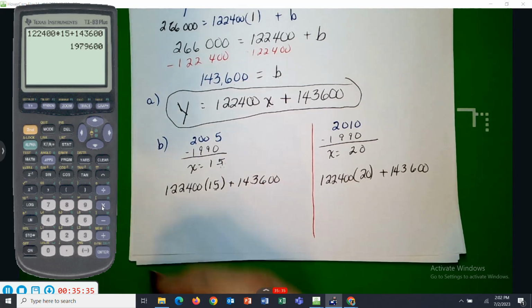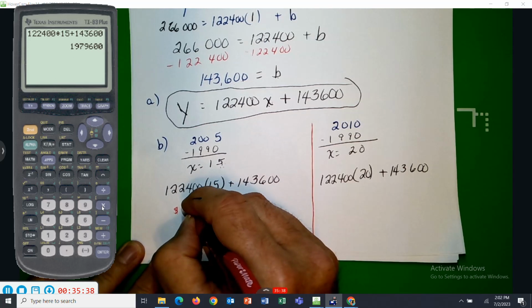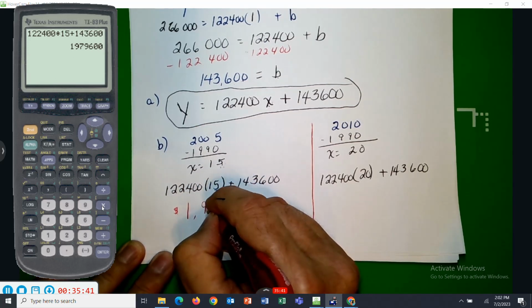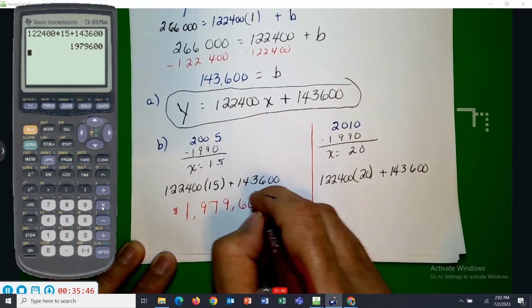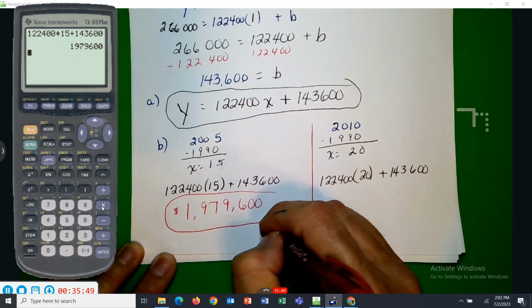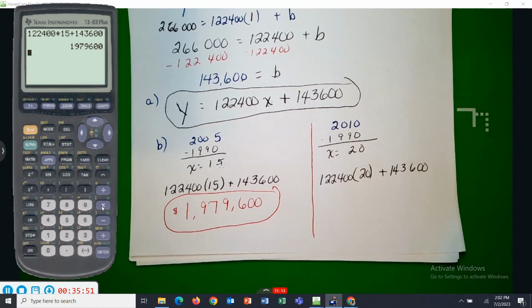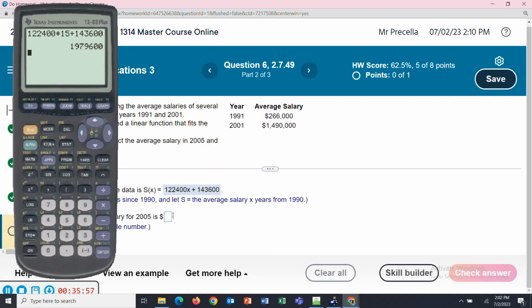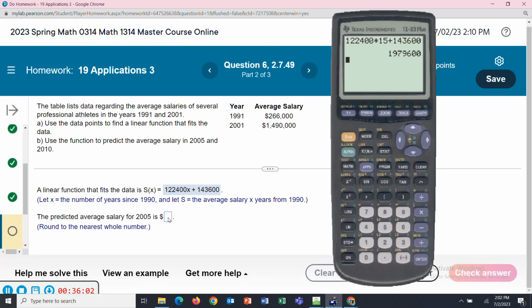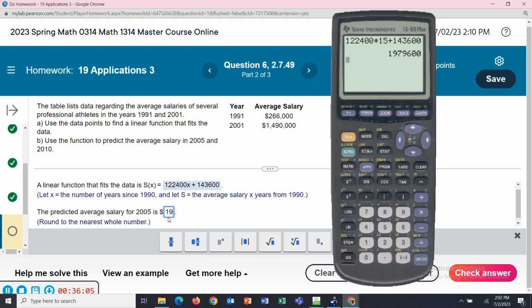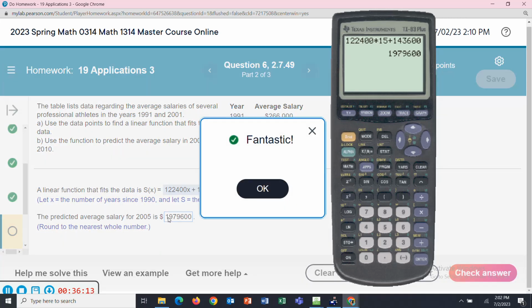So based on this formula, in 2005, the average salary would have been $1,979,600. Okay, 1,979,600. Okay.